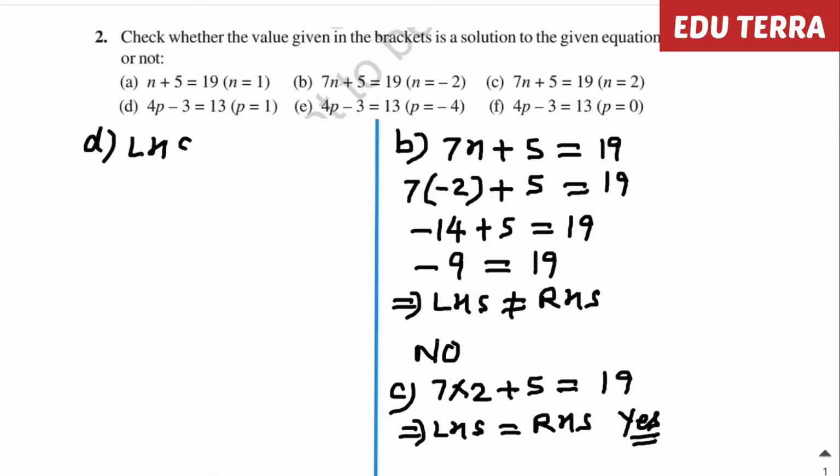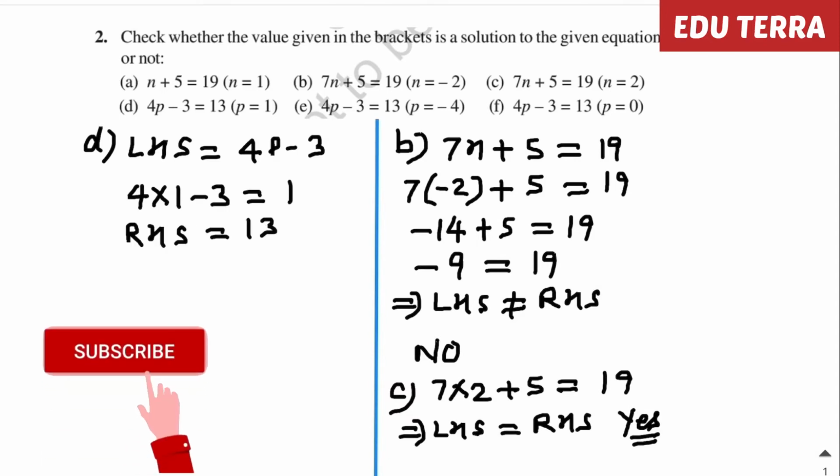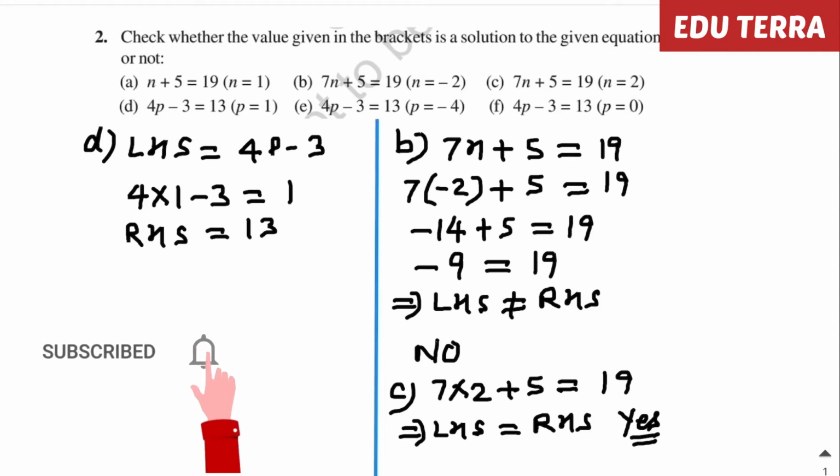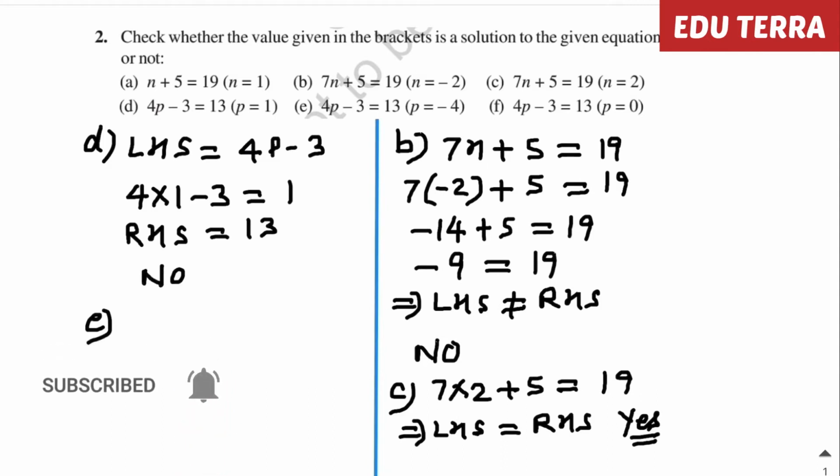LHS equal to 4p minus 3 and p equals 1. So 4 into 1 minus 3 equal to 1. Now again LHS is not equal to RHS, so the answer is again no. So 4 into minus 4 minus 3 equals minus 19.